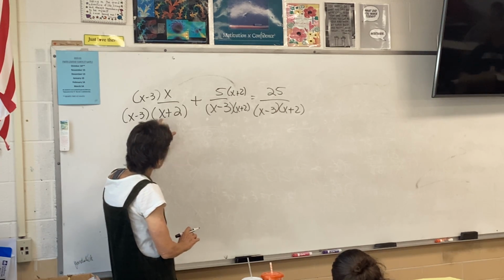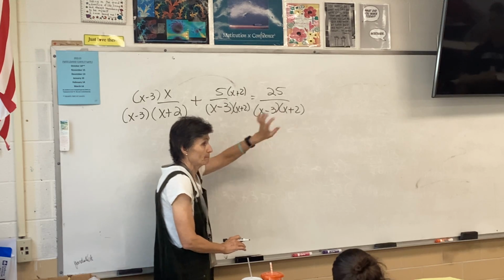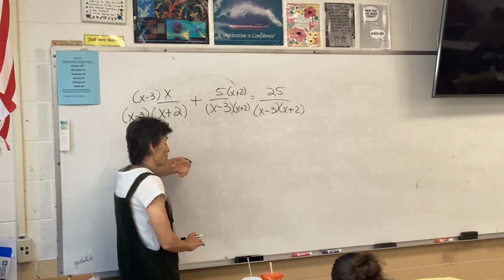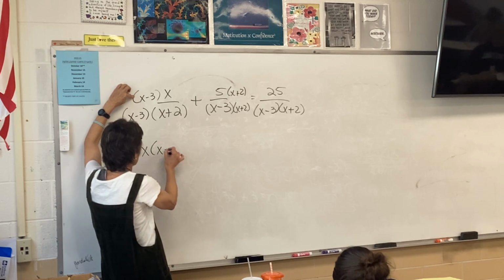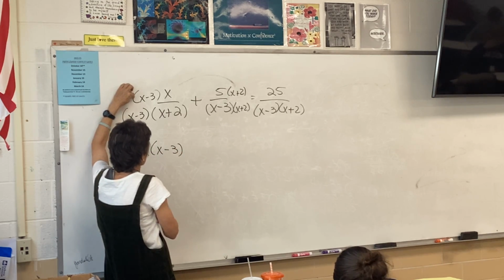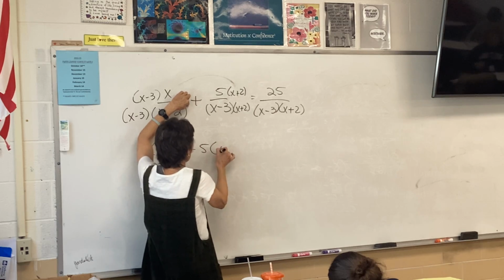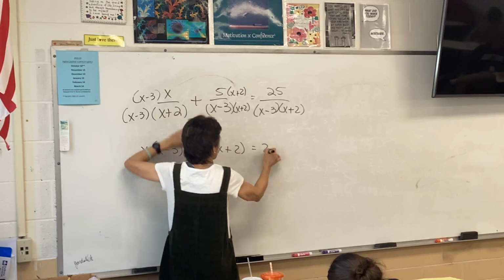Now, do all the denominators look the same? Yep. So forget them and look at the numerator. So I have an x minus 3. I have a 5, x plus 2, and I have a 25.